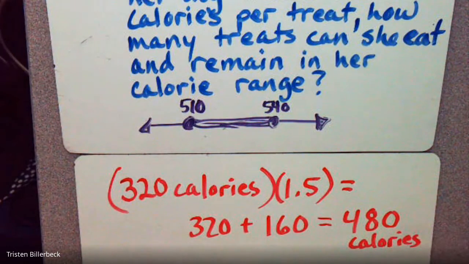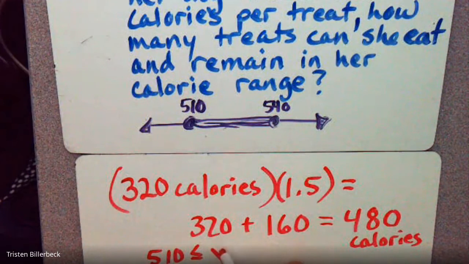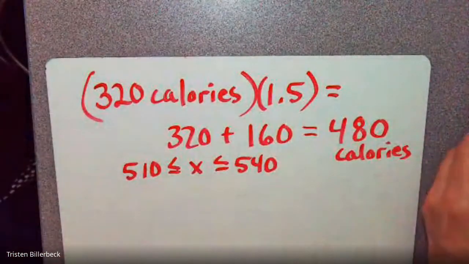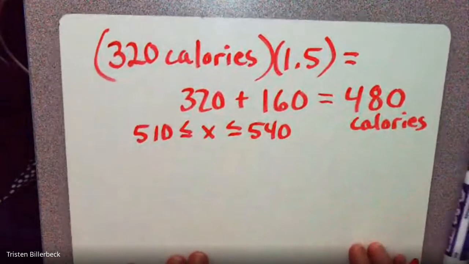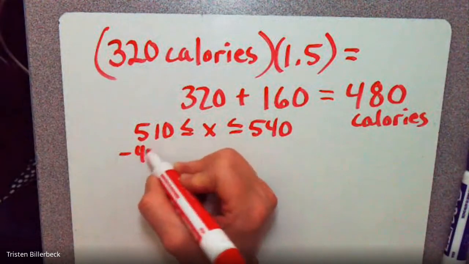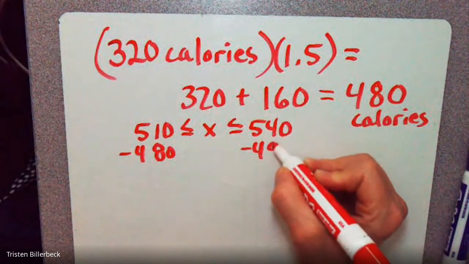Okay, so already the dog food is that. But we know that our range is 510 is less than or equal to x is less than or equal to 540. And the treats are 10 calories each. Okay, so we want to subtract 480 from this and subtract 480 from this side.